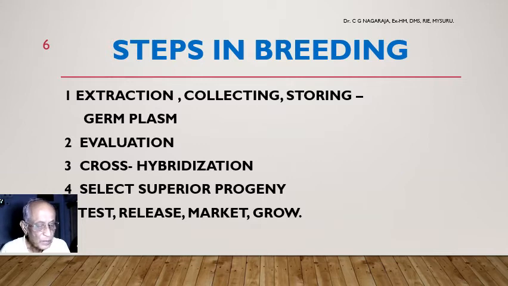So there are 5 steps that a researcher will have to follow to bring a new variety or a new breed. By breeding, we get new varieties. Rice has many varieties. I don't think I can tell you all of those in this session. Maybe next time we will see what they are. But remember, there are 5 steps: collection of germplasm, evaluation, cross hybridization, selecting superior progeny, and test, release, market, and grow. 5 steps, please remember that.